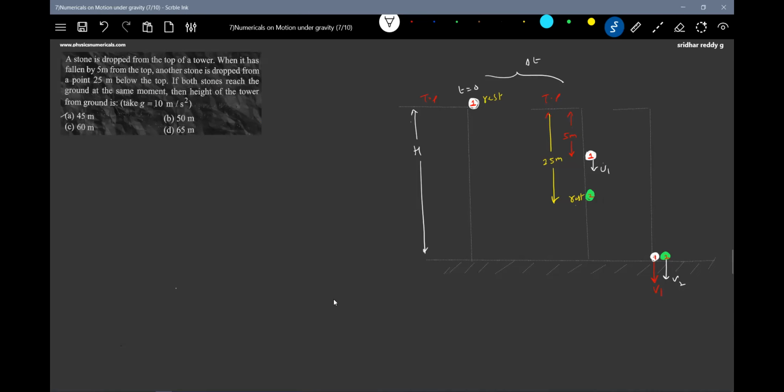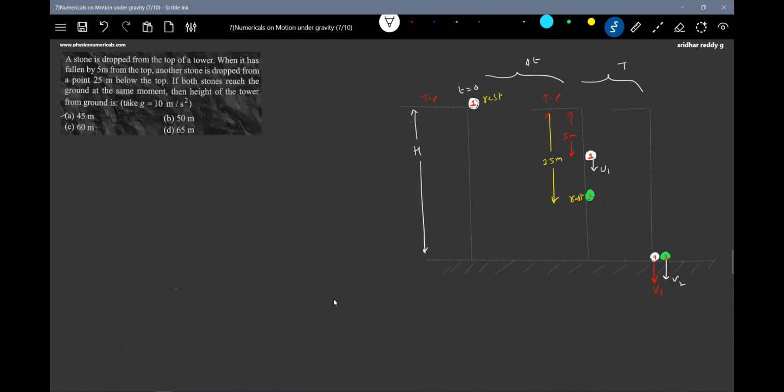This delta t, I'll ask for it. That capital H has to be determined. So how much height will the second stone descend? H minus 25, and it will take some time.